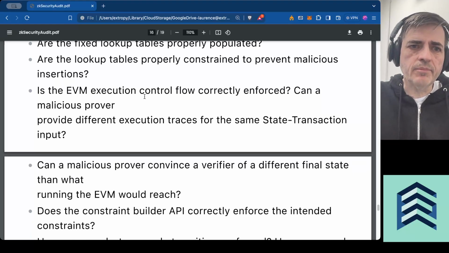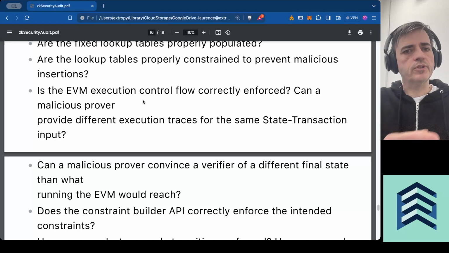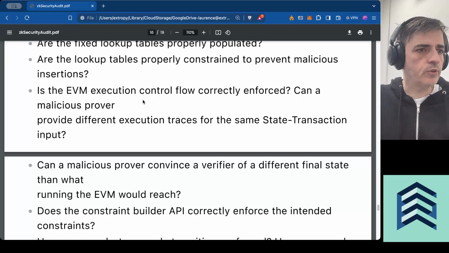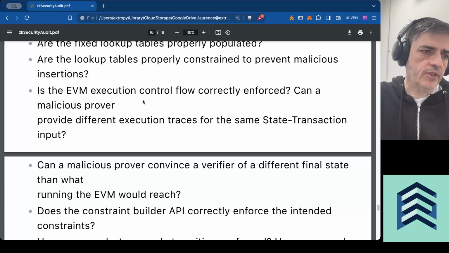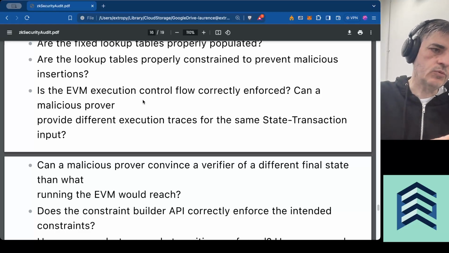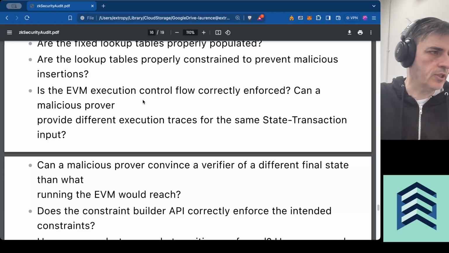This point here about the malicious prover: could they input some execution which would produce the same transition, but from different inputs? So this would be an example really of non-determinism within our circuit.